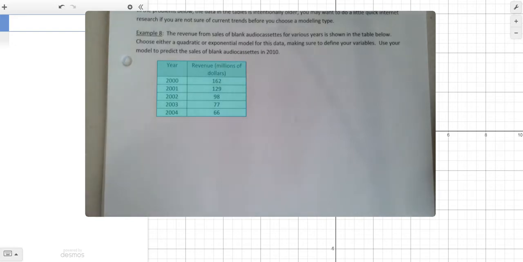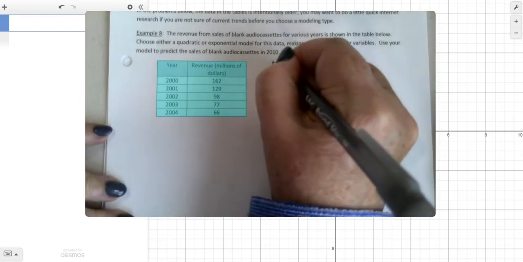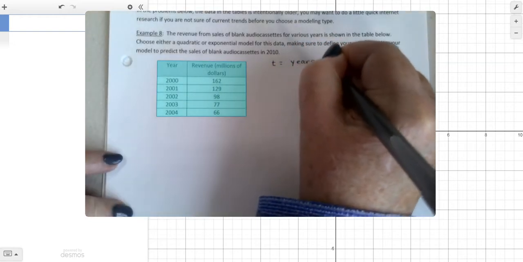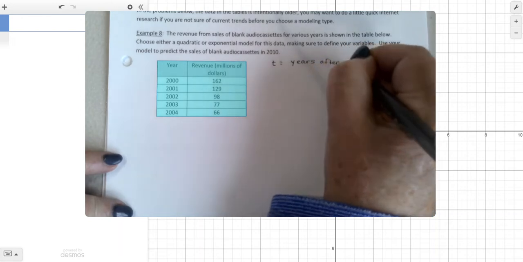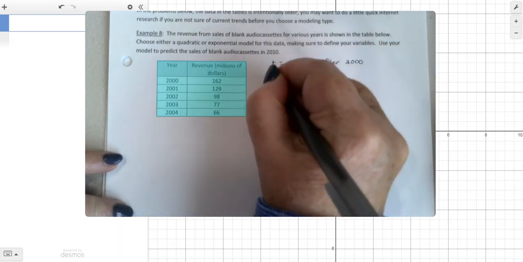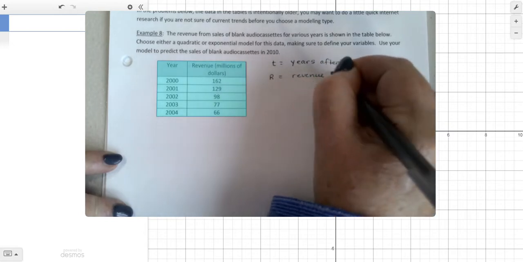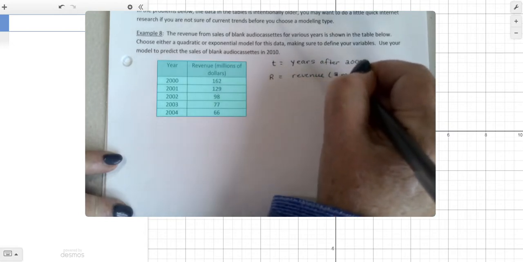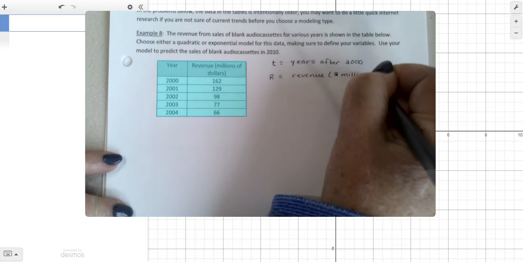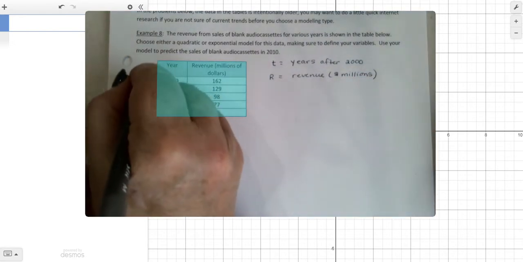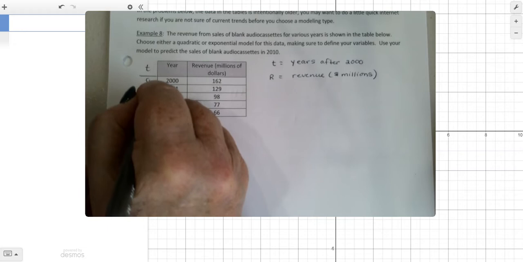So I'm going to go ahead and start, and let's just say t would be years after 2000, and R is going to be our revenue in millions. That means my t values here go from 0 to 4.